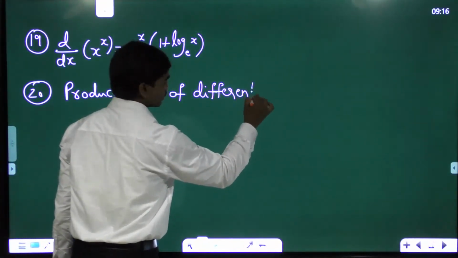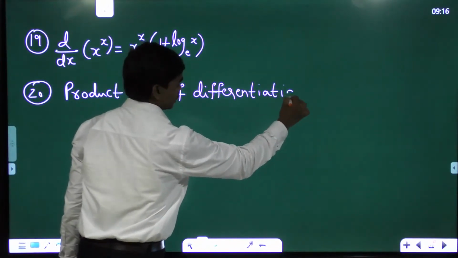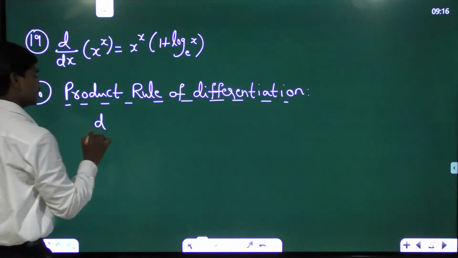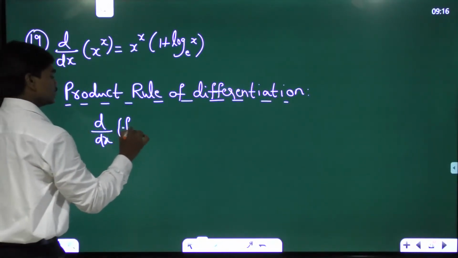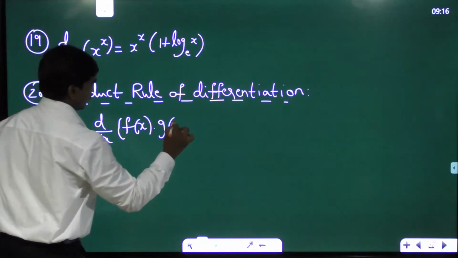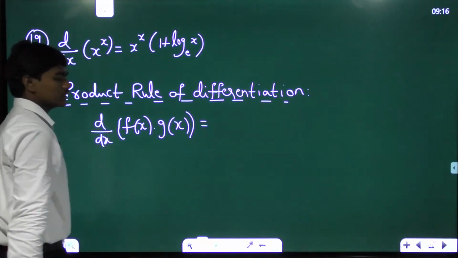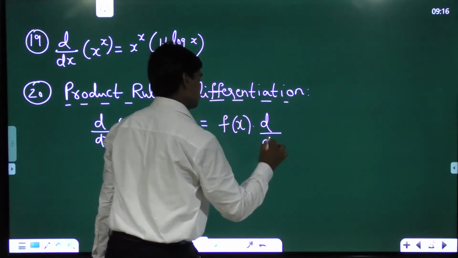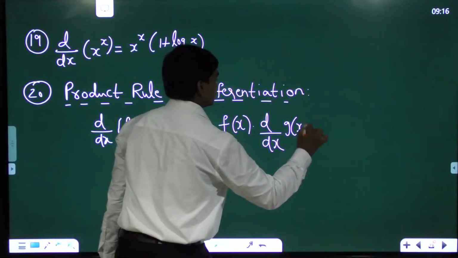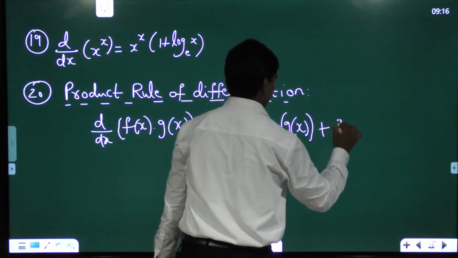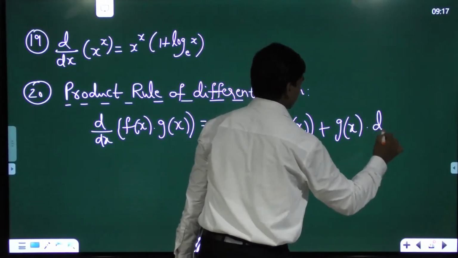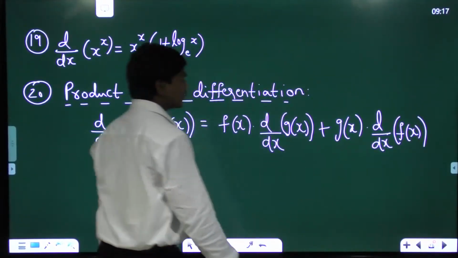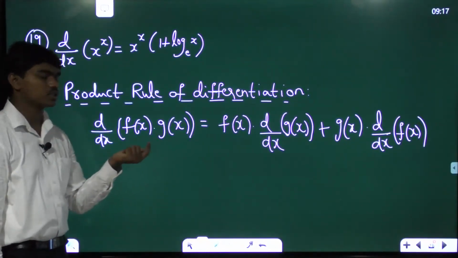If there is a product of two functions, f of x into g of x, then the product rule of differentiation that you follow here is first function into derivative of second function plus second function into derivative of first function. So this is how you generally differentiate a product of two functions.